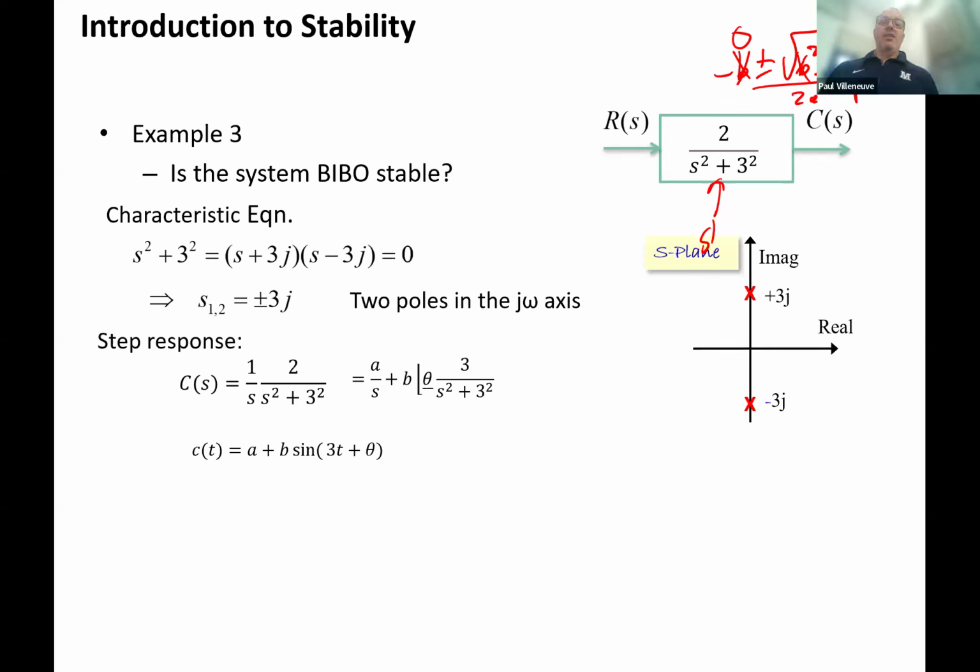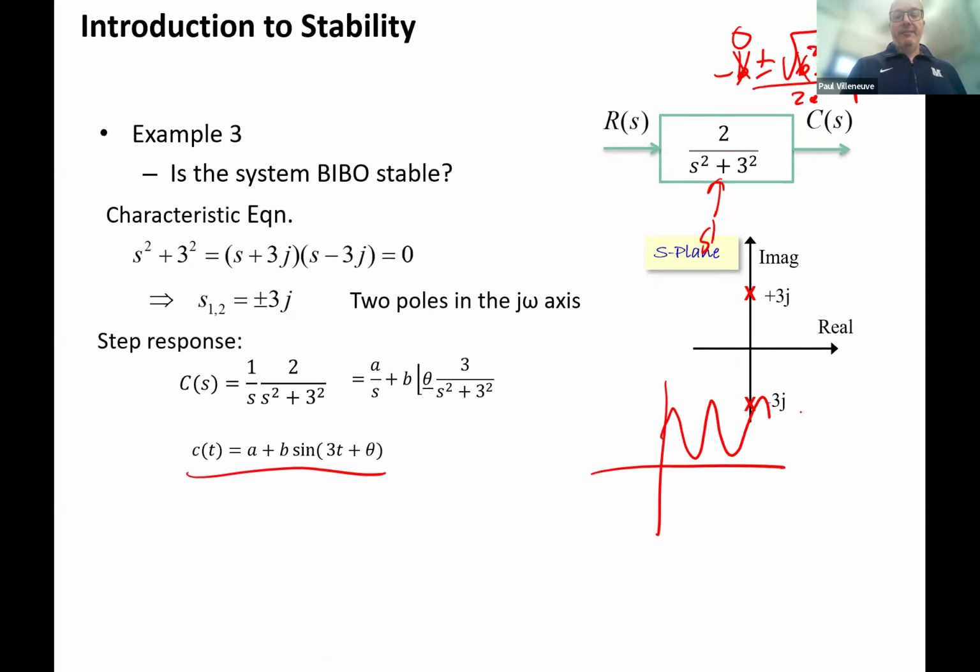And this is a marginally stable system, right? Not an unstable system. It's marginally stable because over here, when I do my partial fraction expansion and I hit it with a unit step, it doesn't blow to infinity. What I end up getting is something that looks like this, right? It doesn't blow up. It just stays rotating. So this is a stable system because I hit it with a unit step.